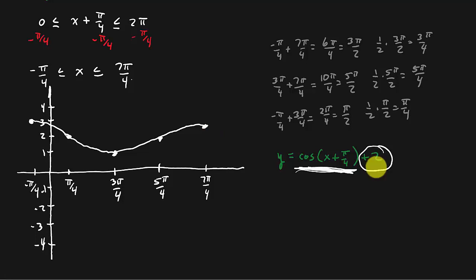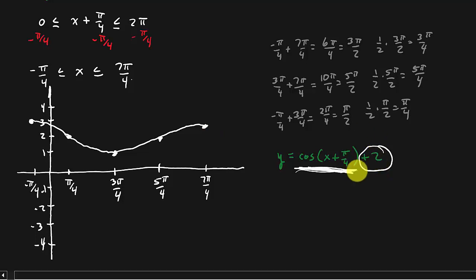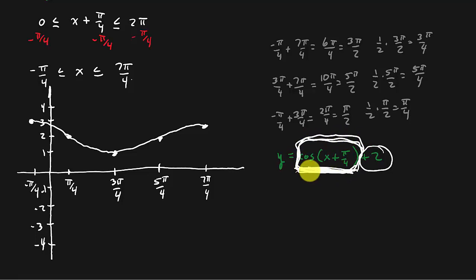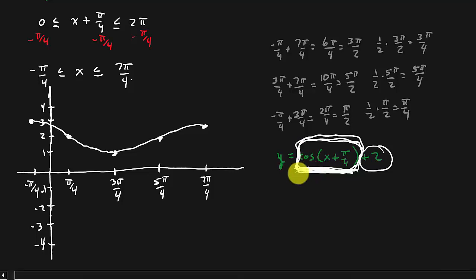Okay, so even though this plus 2 was out here, all we did is just look at this one. We looked at this one and said, okay, we go to max, 0, min, 0, max. Which in this case, since the amplitude was 1, our max and min is positive 1, negative 1.